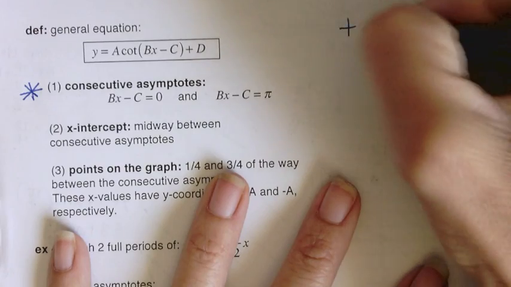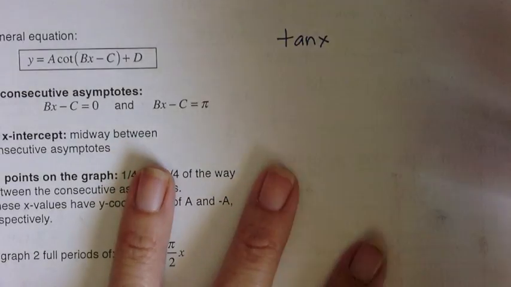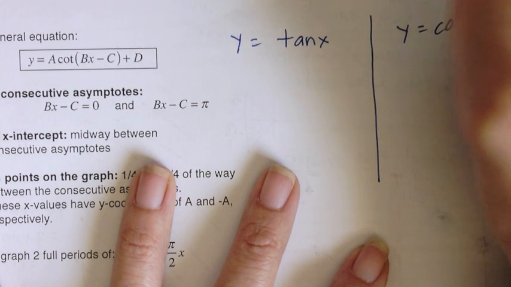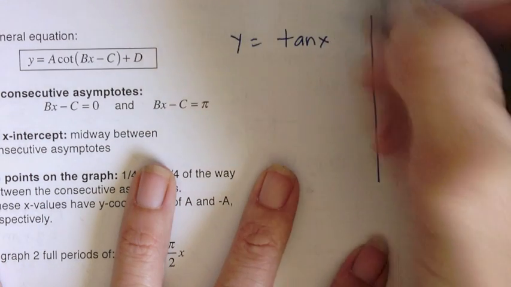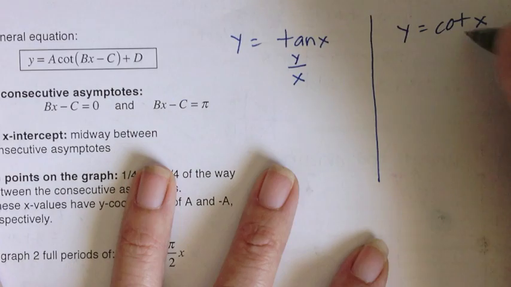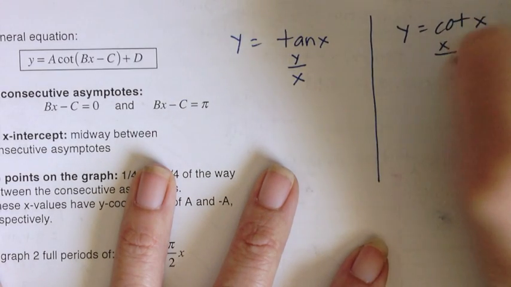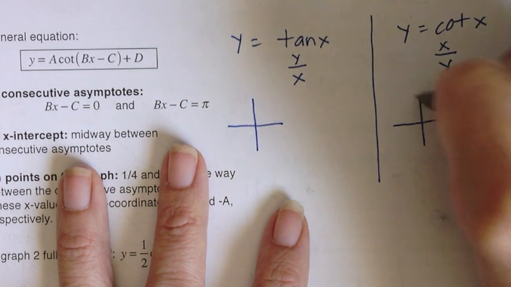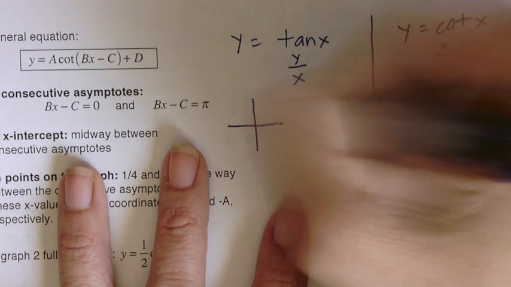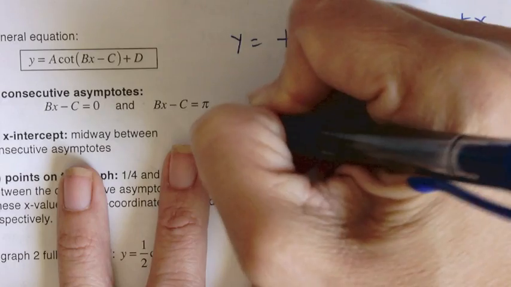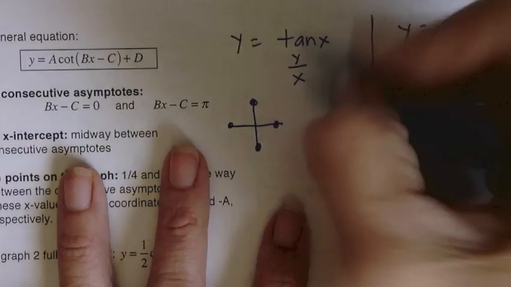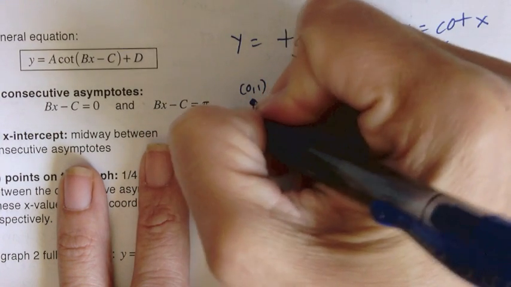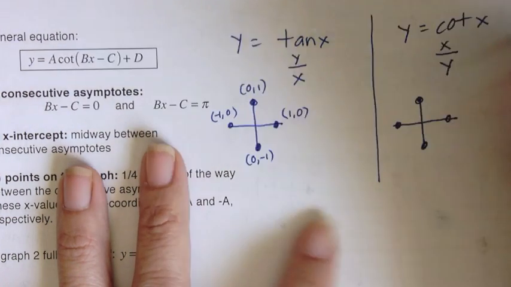So we're going to do a quick comparison here between y equals tangent x and y equals cotangent x. The ratio for tangent of x is y over x, and the ratio for cotangent is x over y. So if I'm on the unit circle, and let's get those 4 points on there that are our quadrantals, we get the point 1, 0, 0, 1, negative 1, 0, and 0, negative 1.